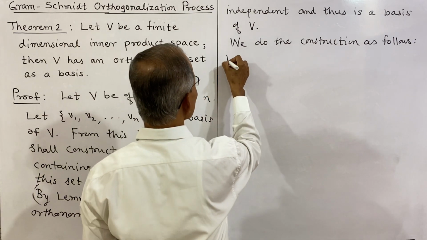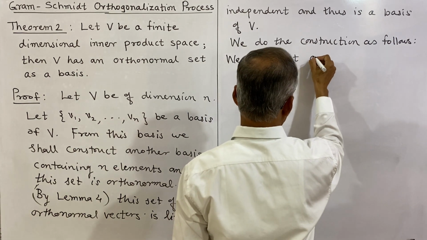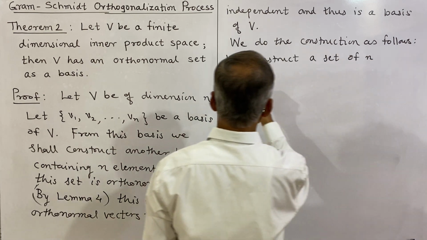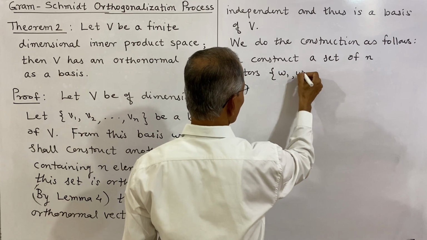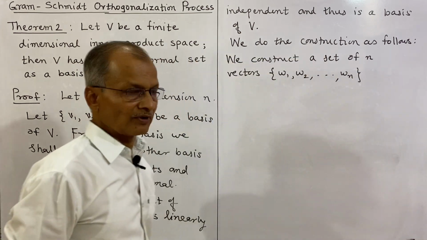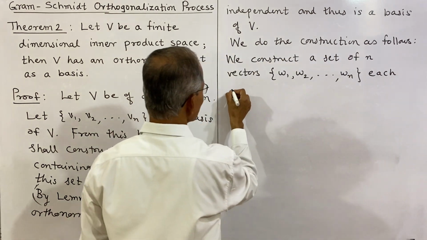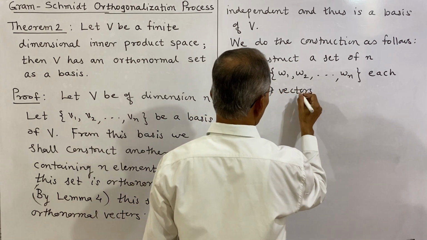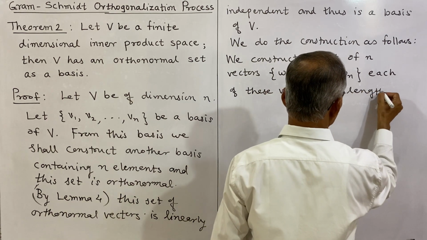We construct a set of n vectors w1, w2 and so on up to wn, each of which has length 1.